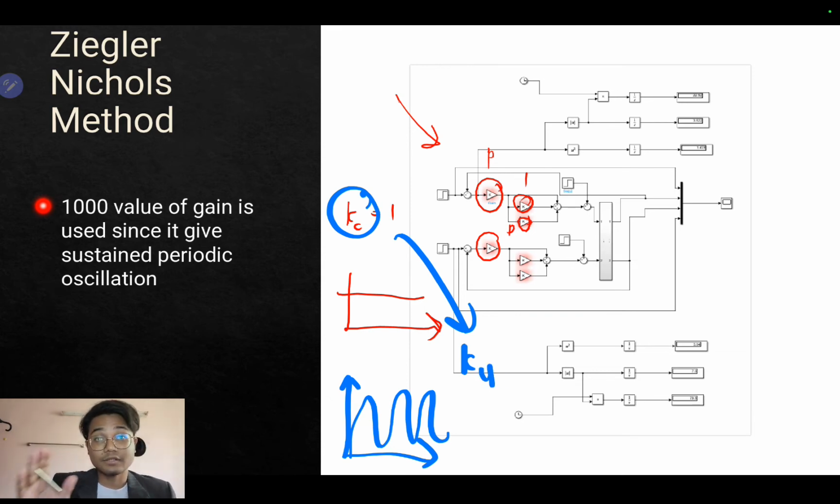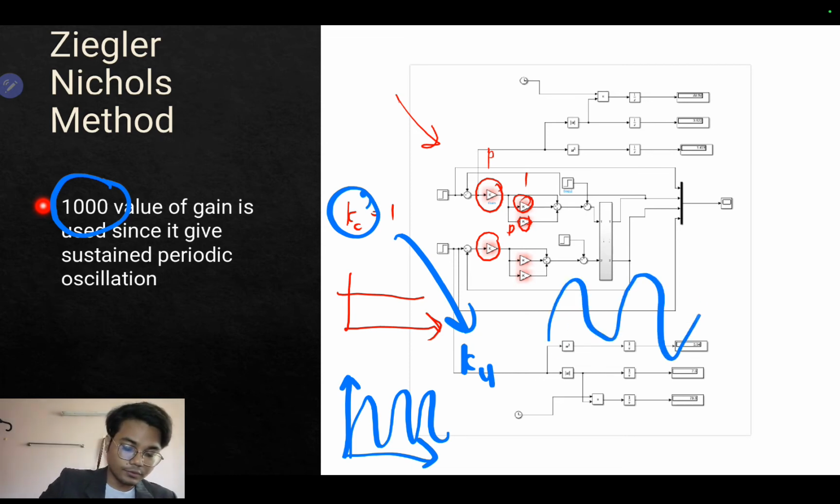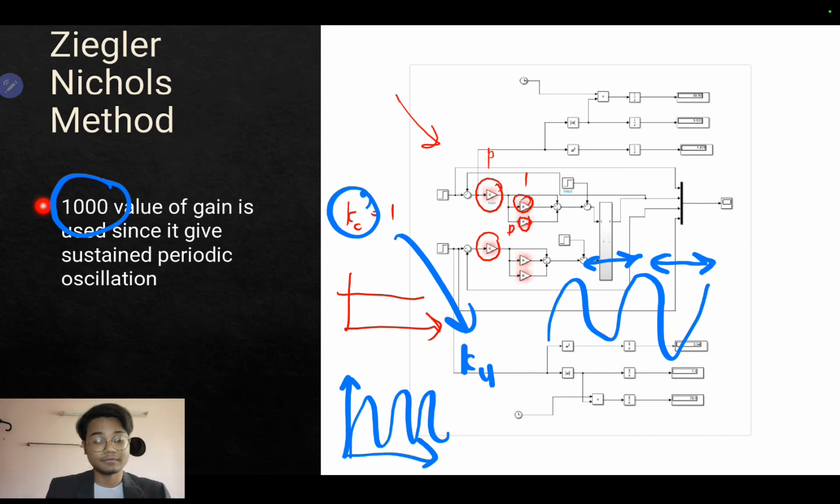So in this problem, we got a Kc value of 1000. It means that once it reaches 1000, the oscillation curve is a consistent, sustained periodic oscillation. It means the value is the same right here. It means the period. I will show you.